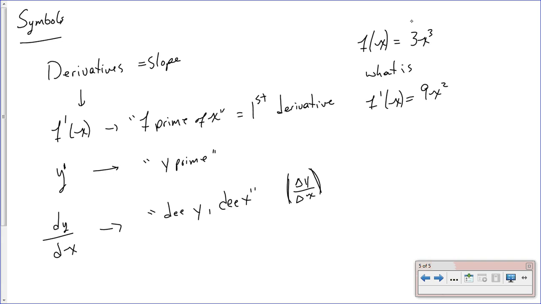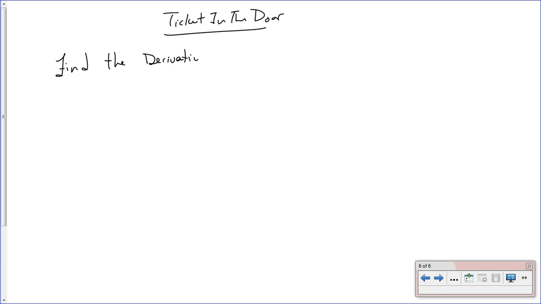So let's go to the ticket in the door. All right, the ticket in the door. I want you to find the derivatives of the following. All right, number 1, f of x equals 5x to the 4th.